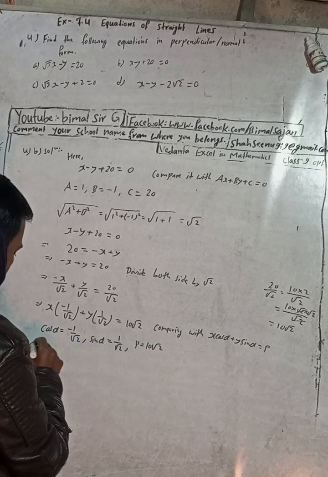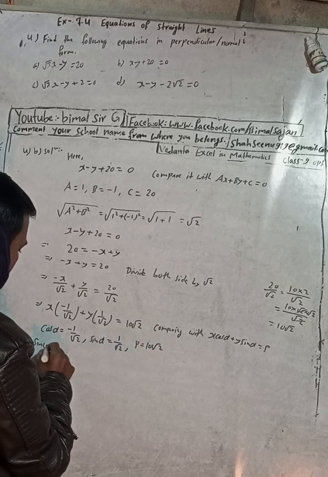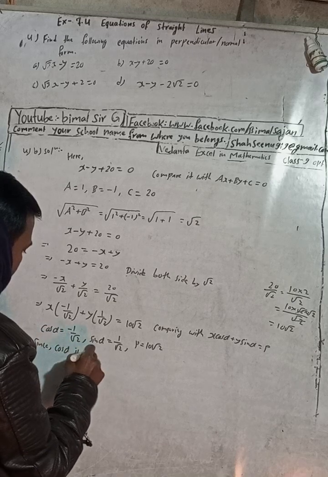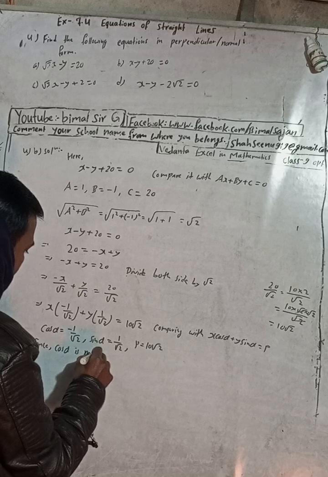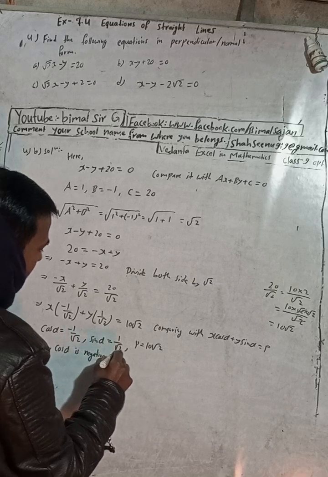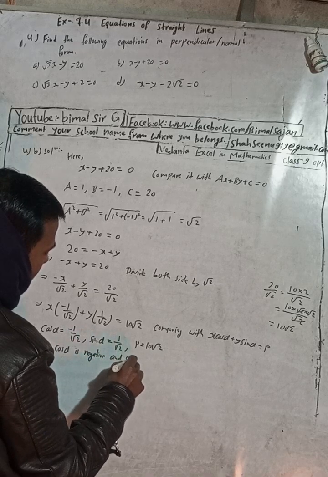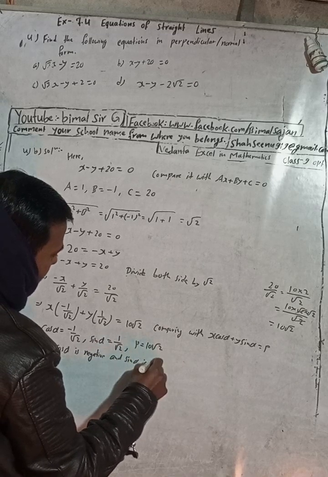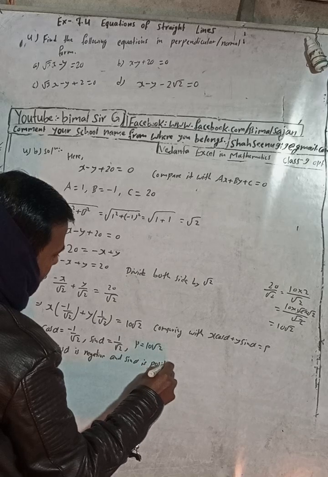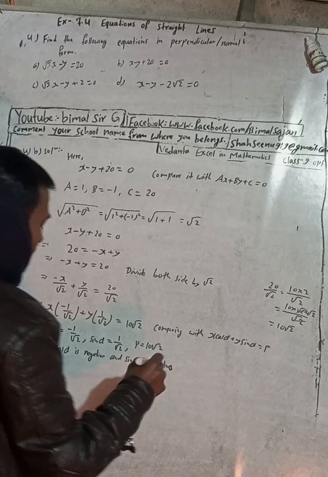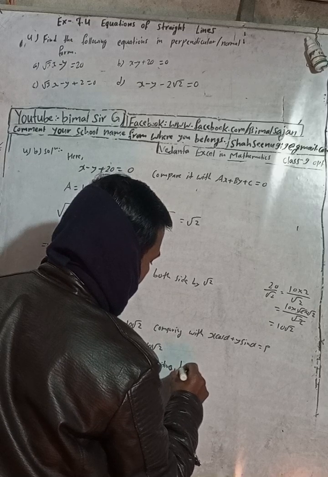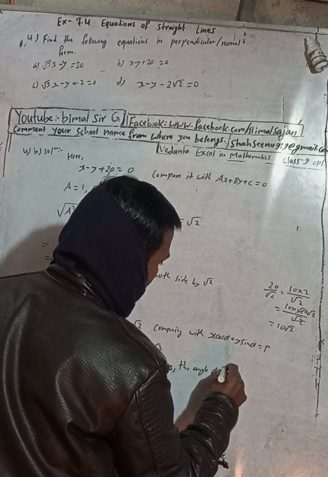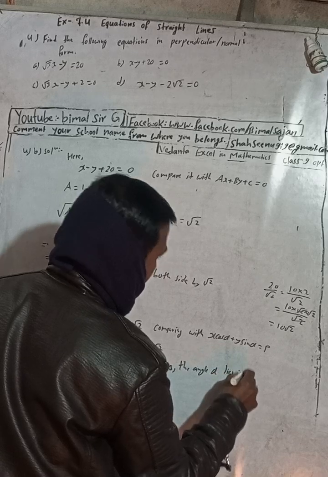Now since cos alpha is negative and sin alpha is positive, the angle alpha lies in, see the CAST rules.